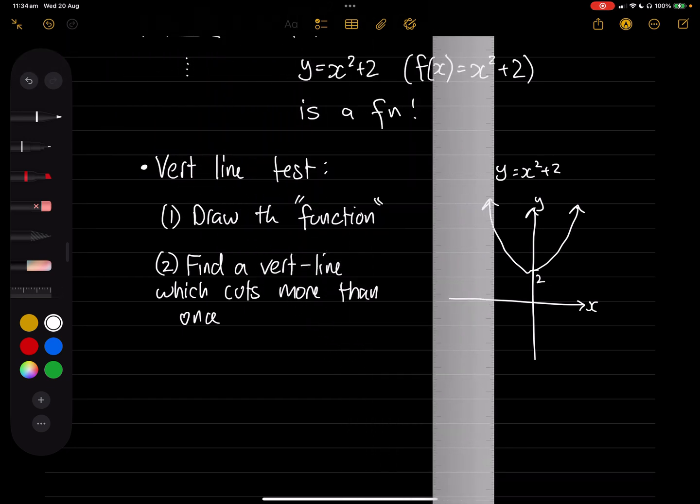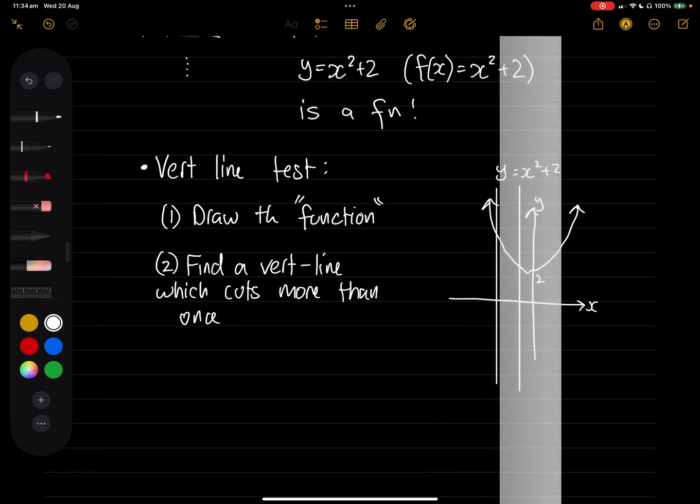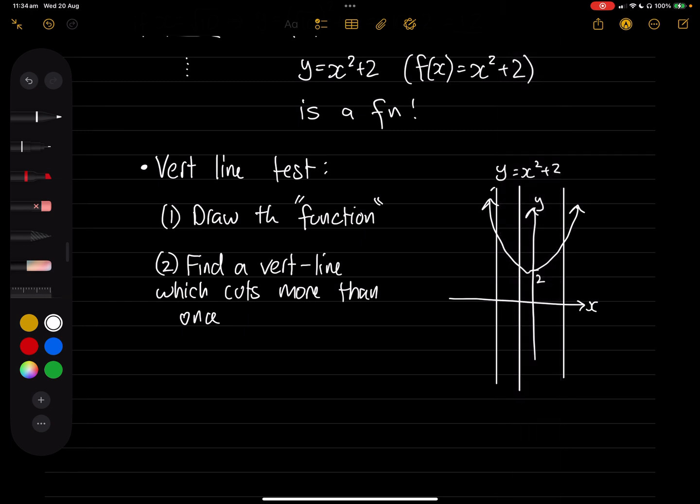We could draw a vertical line over here like this, could draw a vertical line here like this, maybe over here as well. That's enough of our ruler. Let's put that away. So we have a vertical line here, vertical line here, and a vertical line here. And you can draw endlessly many of these. Cuts once for this one, once for this one, once for this one.